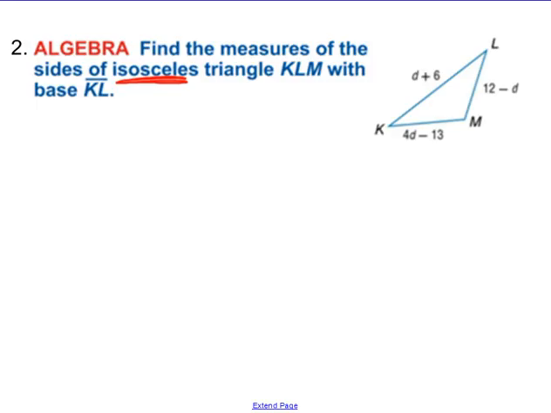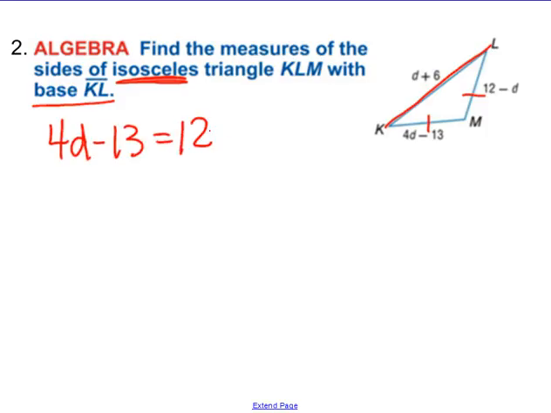And in an isosceles triangle, the base, KL, is the one that's not the same. So I'm going to tell you that this and this are congruent. Well, if those two sides are congruent, we can set them equal. So we've got 4D minus 13 equals 12 minus D.